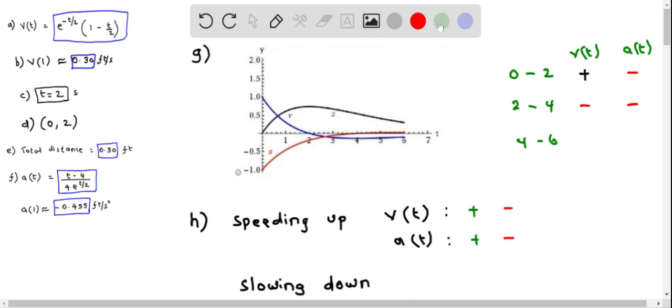And from 4 to 6, the velocity is negative and the acceleration is positive. The acceleration is the red graph. Let's create this as a table.